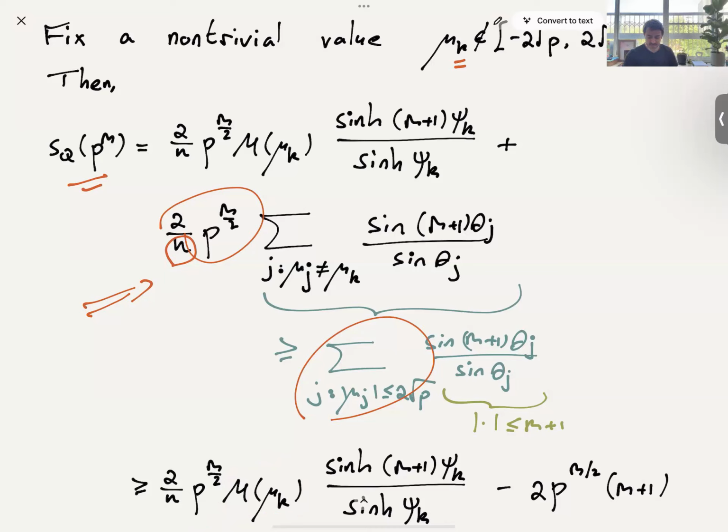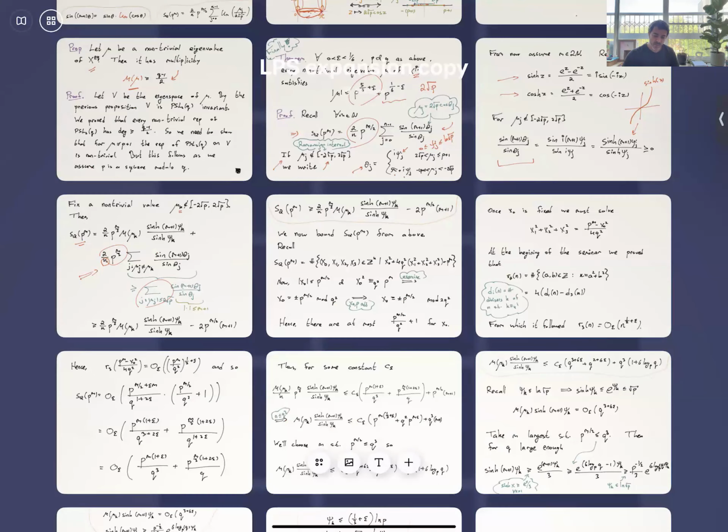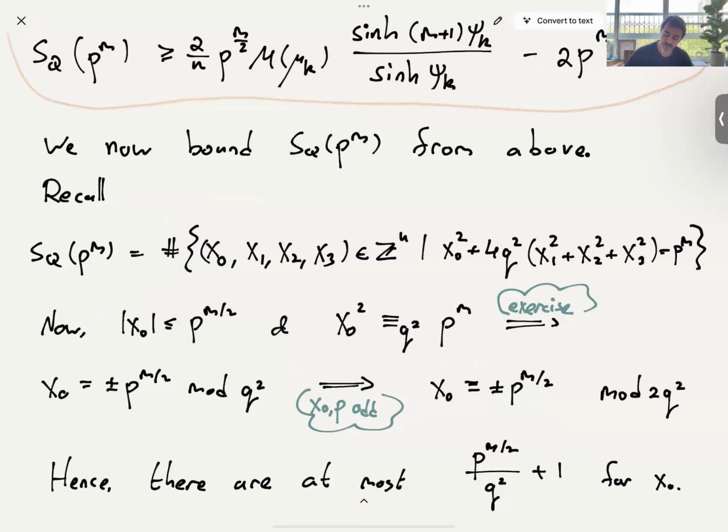M, I didn't say that, but M is a parameter that we are going to choose later on. So think of M as some parameter for the moment. Right, so to summarize, we are here. And this is the bound that's actually also used in the Ramanujan proof. The difference is in the upper bound.